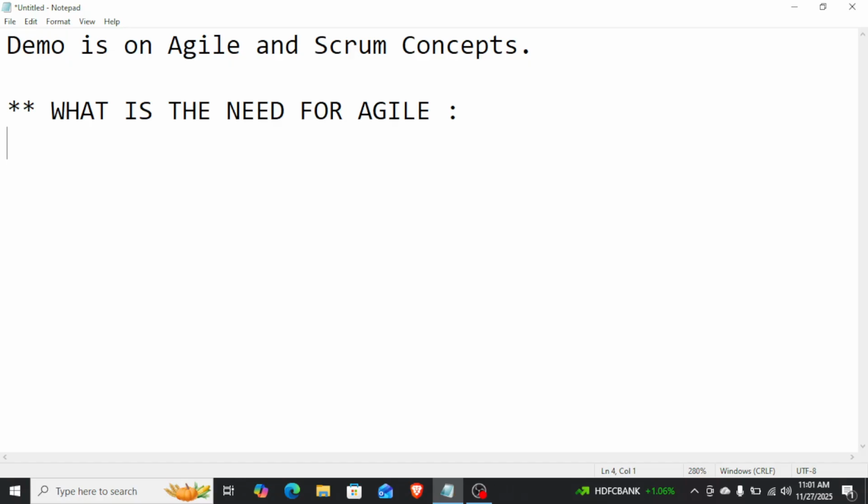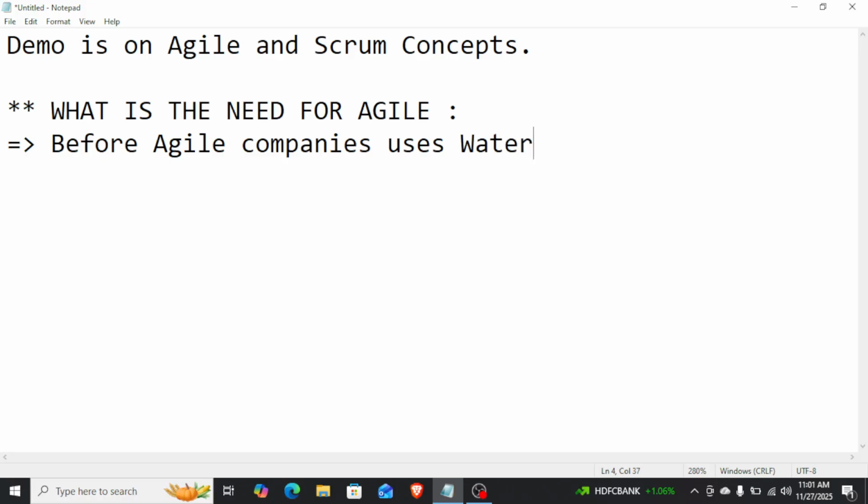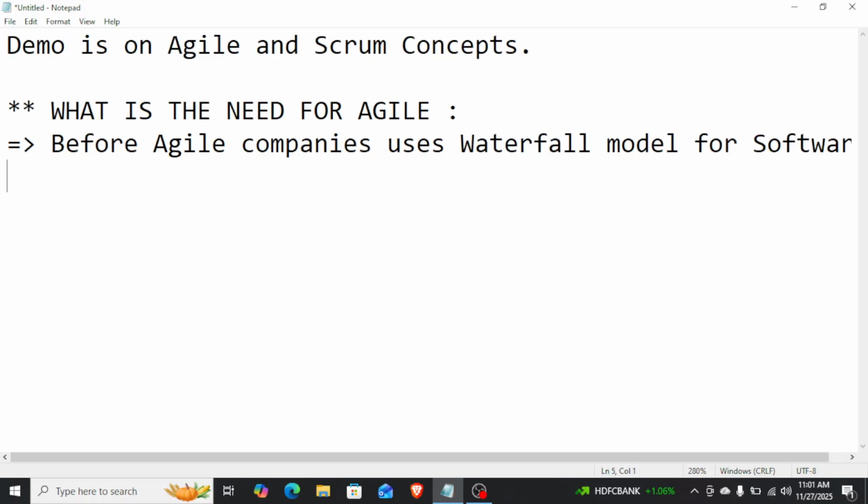Earlier, companies used the waterfall model for software development.